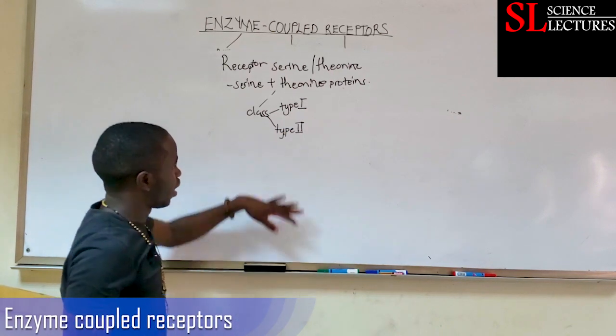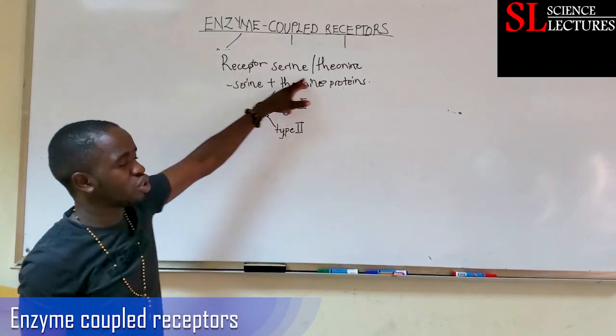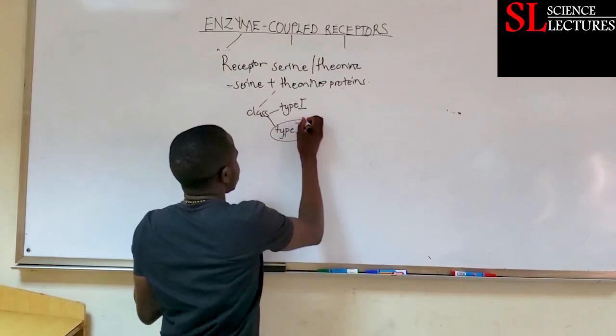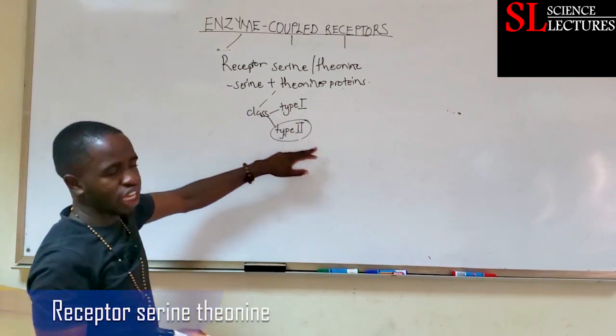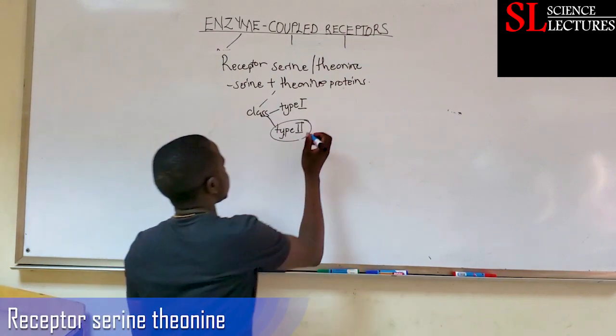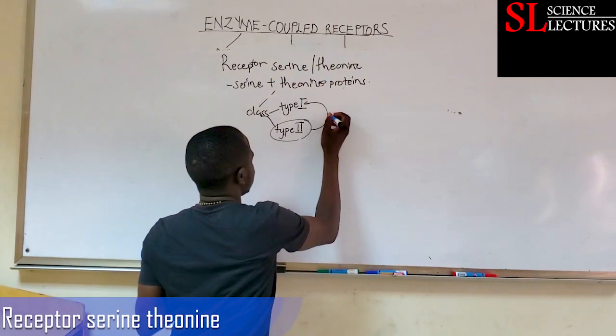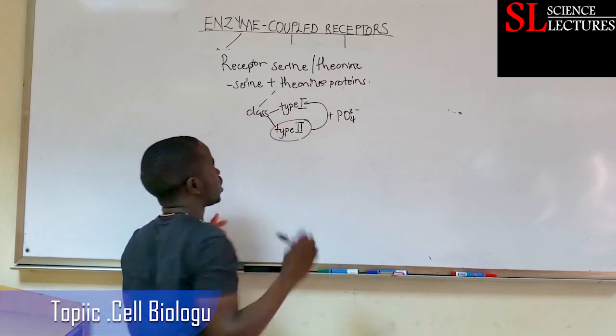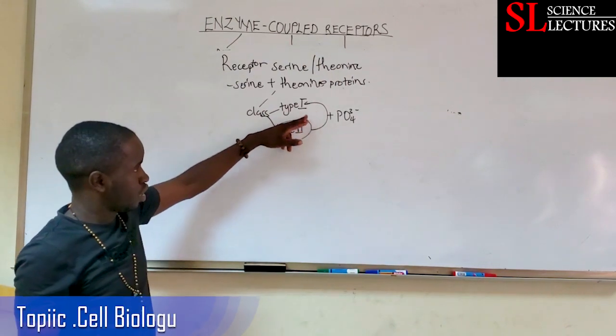So how do they work? When a signaling molecule binds on their receptor, it will activate this type 2. The type 2, when it is activated, shall add phosphates to the type 1.